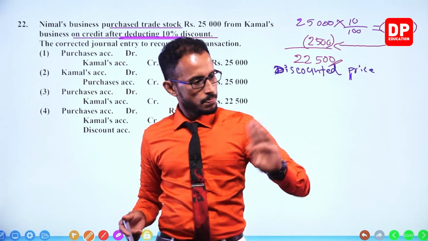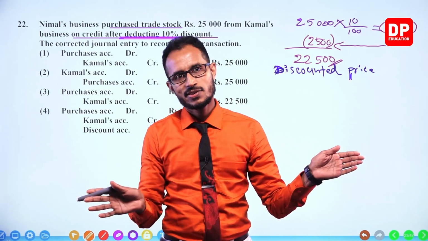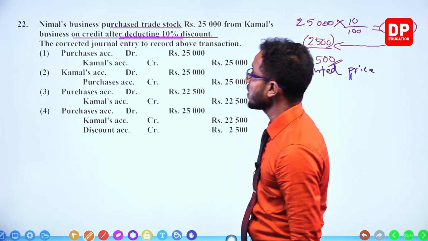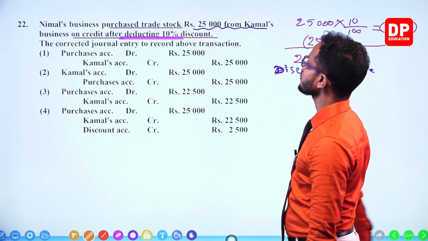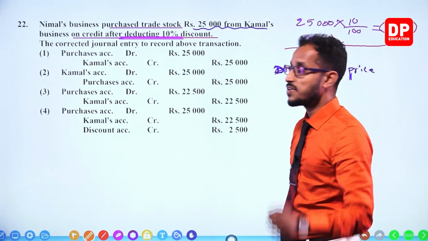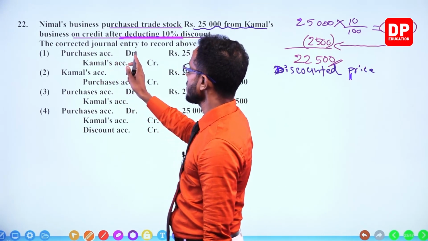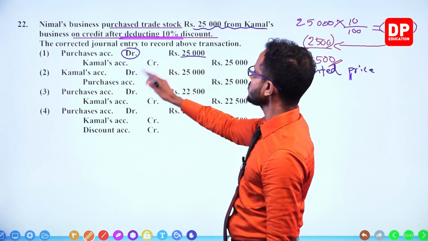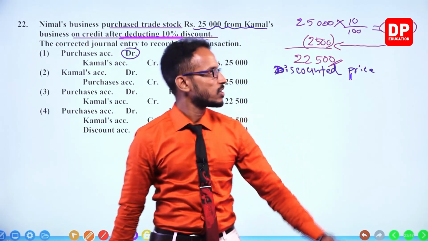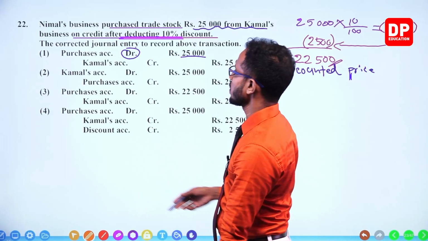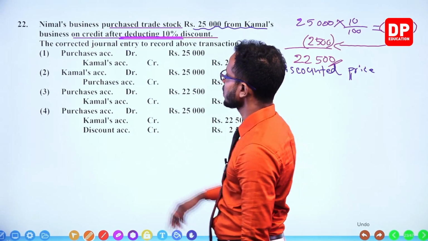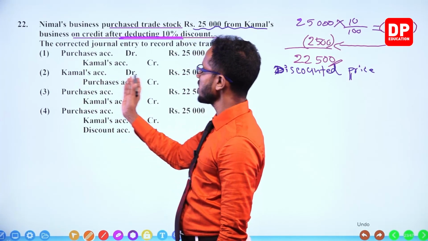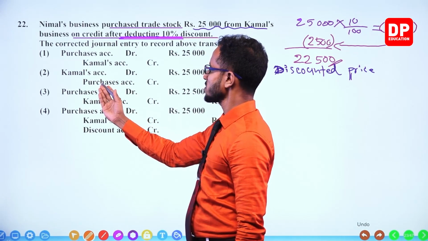It should be debited to purchases account, credited to Kamal's account, because from Kamal, 25,000 from Kamal is the creditor. Purchases debit 25,000? No, 22,500. Can't take it. Then second answer, Kamal debit, purchases credit?